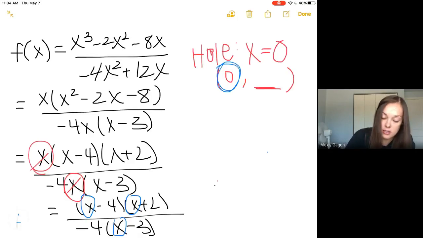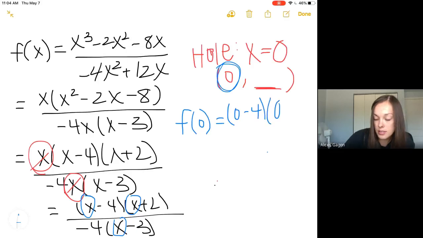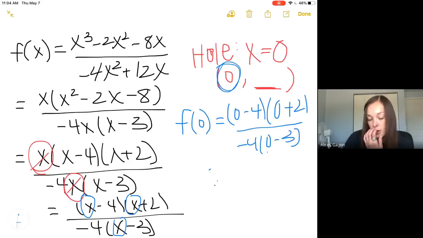So if we do f of 0, we get 0 minus 4 and then 0 plus 2 over negative 4 and 0 minus 3. Well, 0 minus 4 is just negative 4. That's positive 2. That's going to be negative 4 times negative 3.